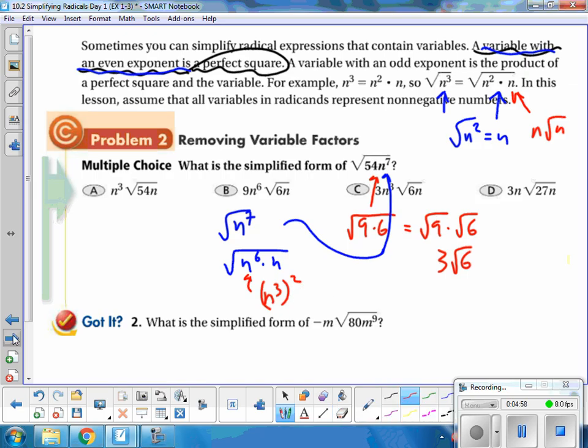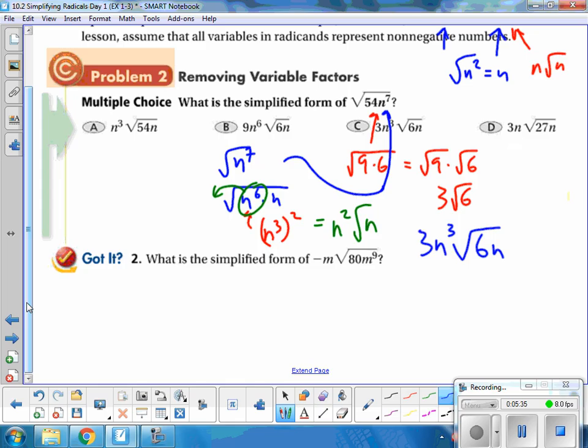So I'm taking the square root of n to the 3rd power squared, and so that's why I can take this and factor it out. And so the square root of n to the 6th power can be seen as n to the 3rd. And then what's left in there is an n. So that's why I'm looking for that even term. So I'm going to pull these two together. I have 3 times the square root of 6 and n to the 3rd times n, and I end up with 3 n to the 3rd times the square root of 6n.